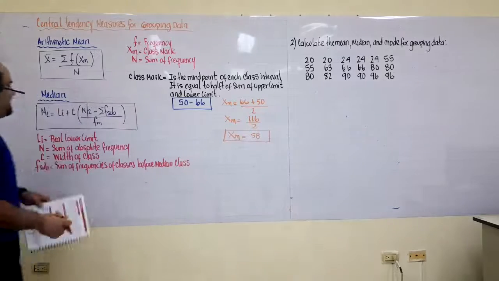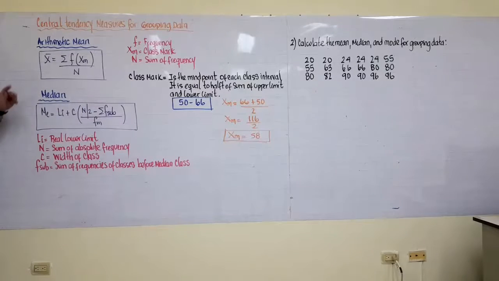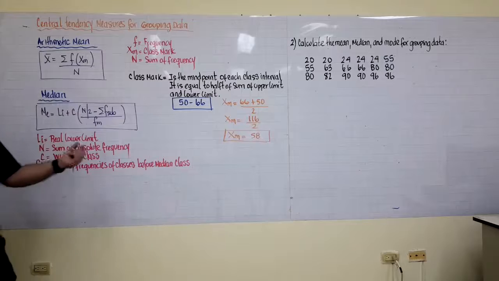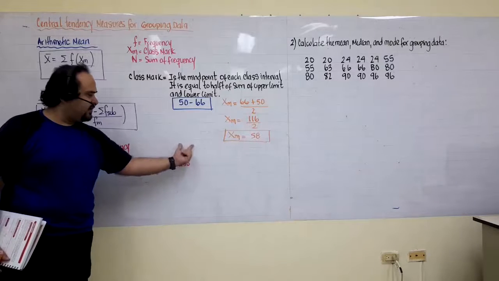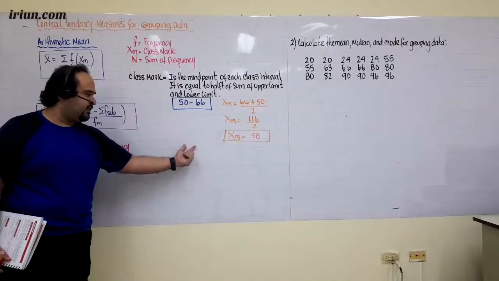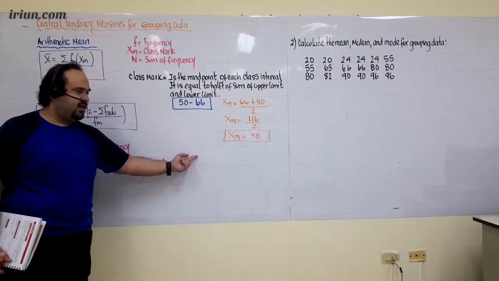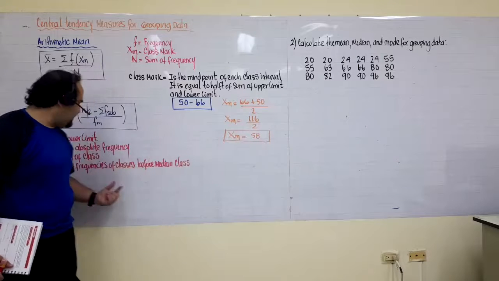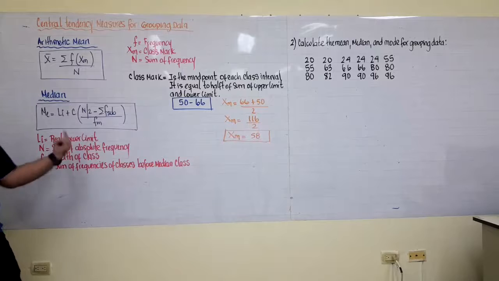I'm going to explain what that means, because when we apply the median, we have to create a table and identify the frequency, the absolute frequency. In that situation, you have a frequency over here. We have a lower one, an upper frequency and a downward frequency. In this F sub, that means before the median class.